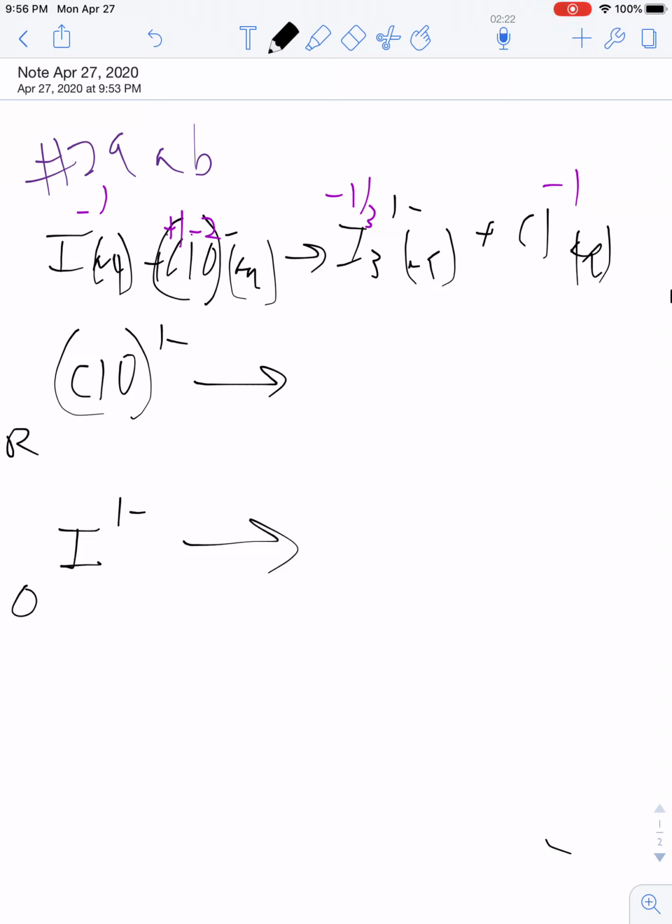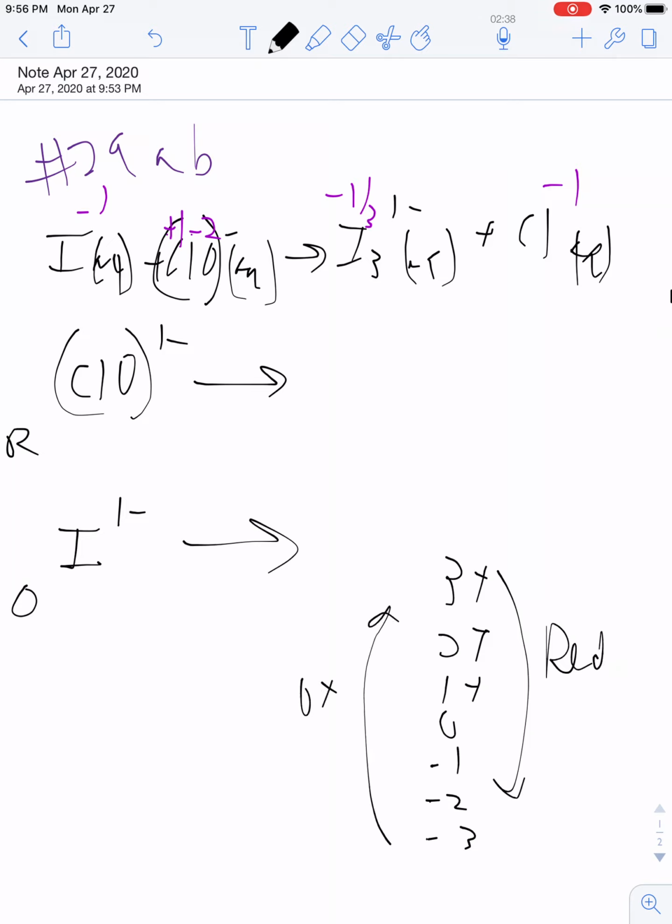It's going from a -1 to a -1/3. If you ever get confused, I always do, I have to write this out. If your number's getting smaller, you're a reduction. If your number's getting bigger, it's an oxidation. So if you're at -1 and you're going to -1/3, that's actually getting bigger. That's why that one is the oxidation.